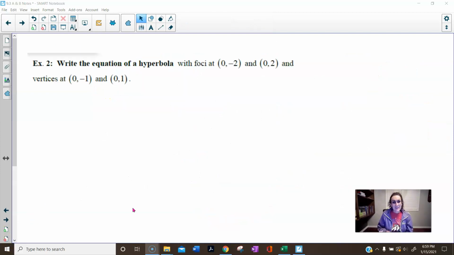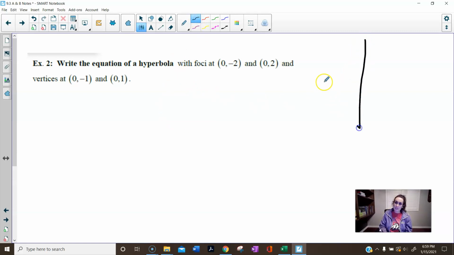So example 2, we're going to be writing an equation of a hyperbola with the given clues. So what we might want to do is just graph the clues. So the foci is 0 down to, that's your C, and 0 up to, which is your C. C, opposite of C. There we go. And the vertices are at 0, -1.